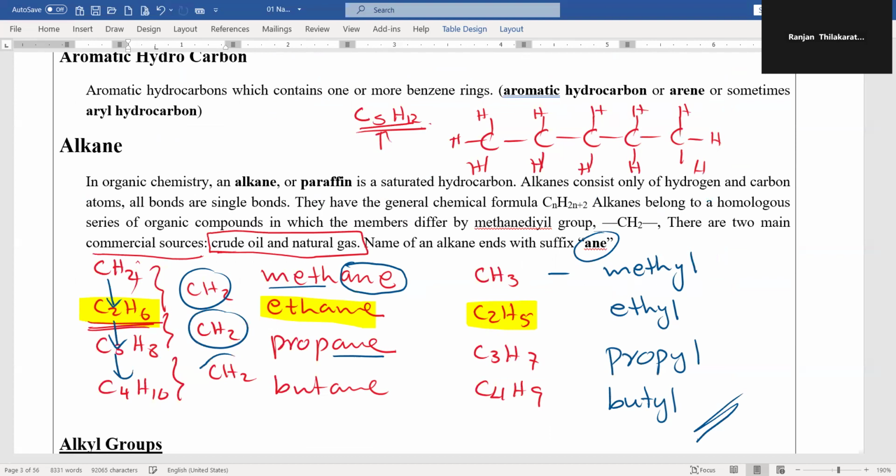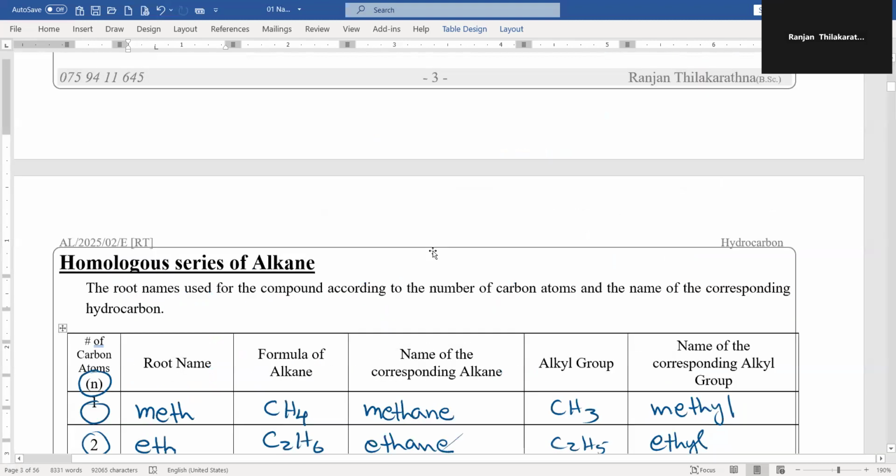And 3 to 4, it is CH2. So the difference between two adjacent hydrocarbons, compared to the preceding hydrocarbons, is equal to CH2, just CH2.